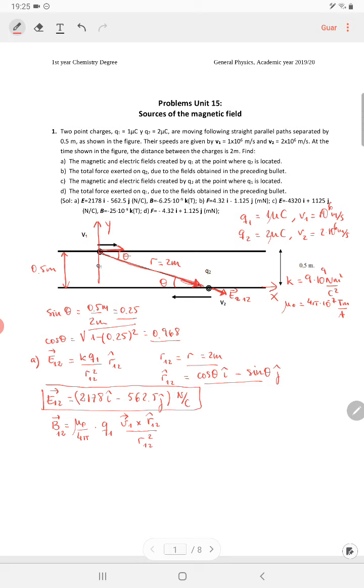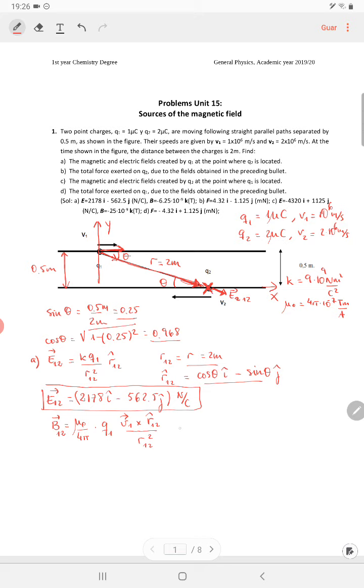The magnetic field has the same direction as the cross product between this velocity v1 and the unit vector in this direction. To get this cross product and to know if the magnetic field is going out or in, we put the velocity along the index finger and the unit vector along our middle finger, and so we are left with our thumb pointing into the screen. That we represent as an X in this place. So the magnetic field is going to go into the screen.